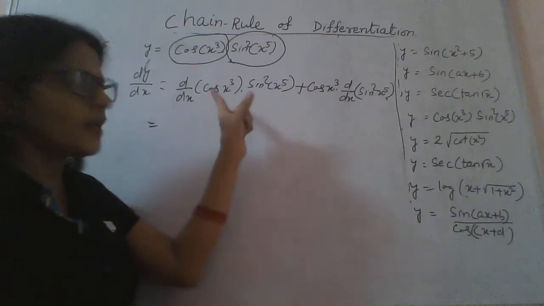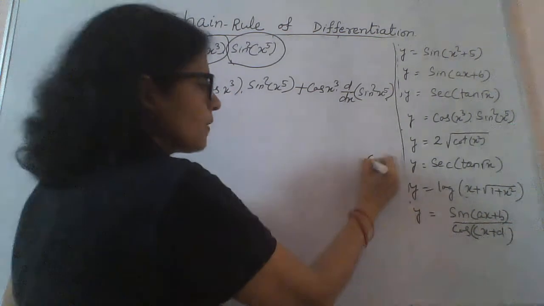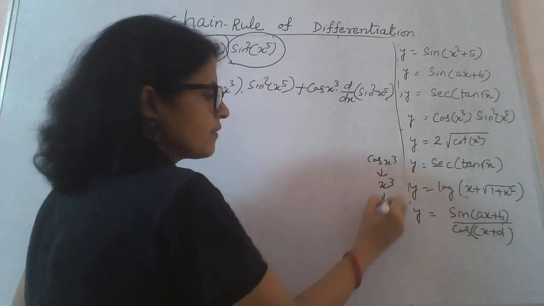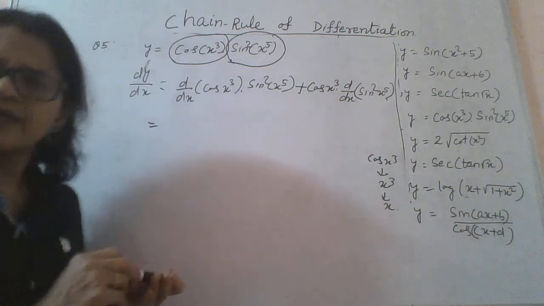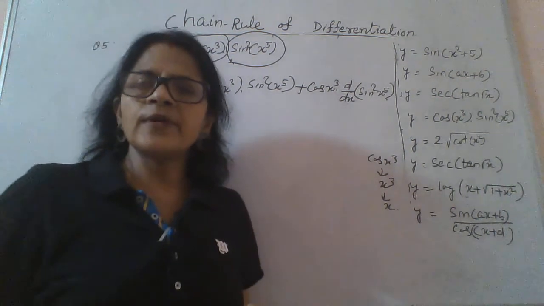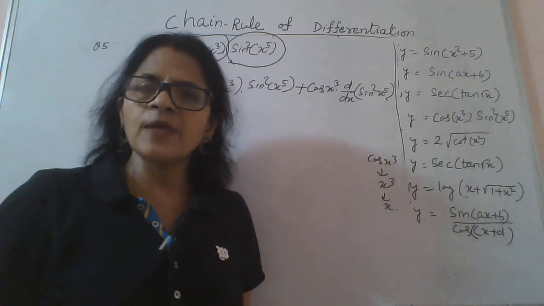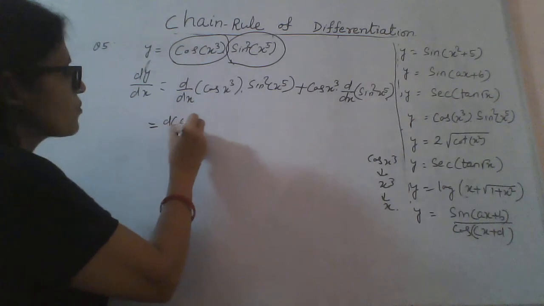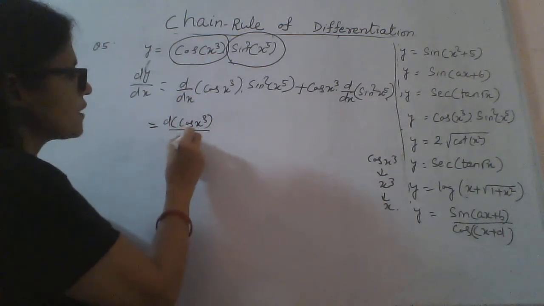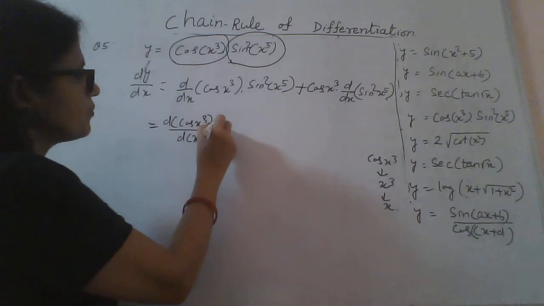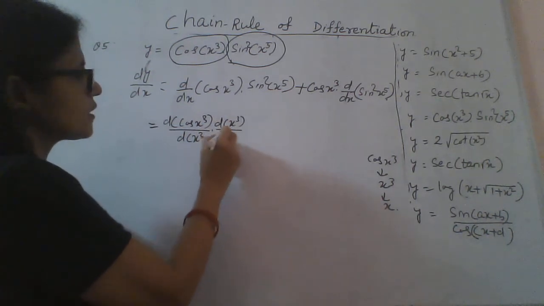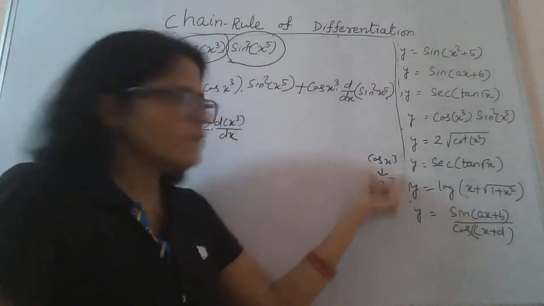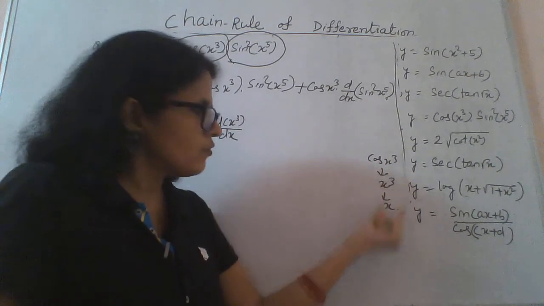It means if I write cos x cube, it is related to x cube first, then x. There is no direct link here, so we have to apply the chain rule. While doing this, derivative of cos x cube with respect to x cube into derivative of x cube with respect to x. As per this chain, cos x cube is a function of x cube, which is a function of x.